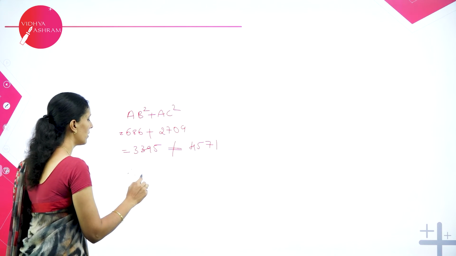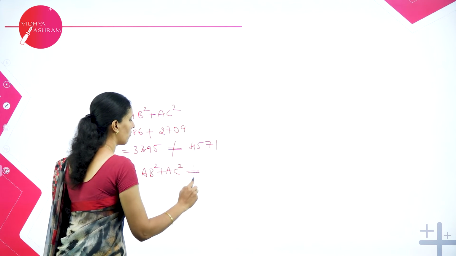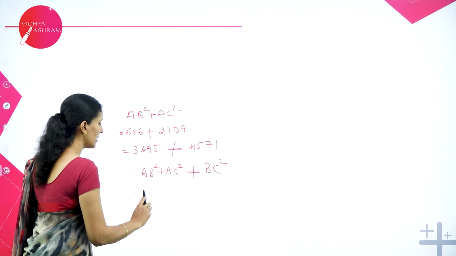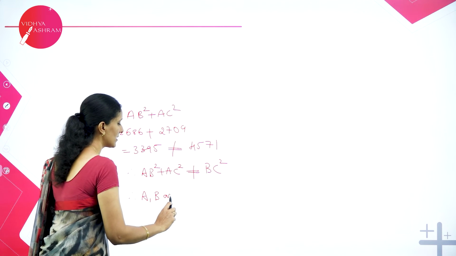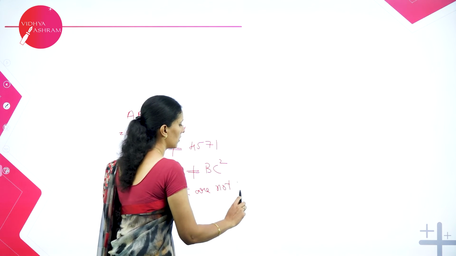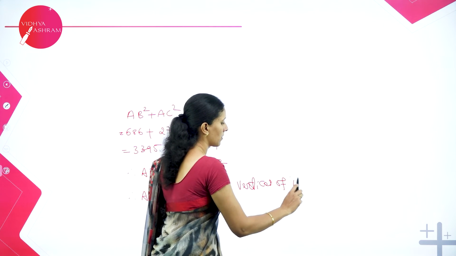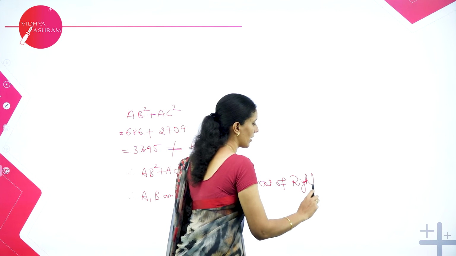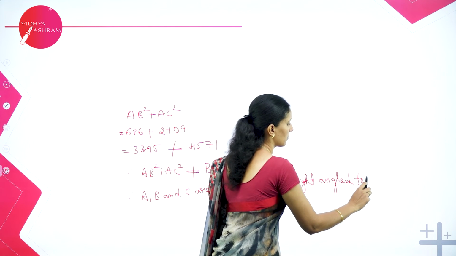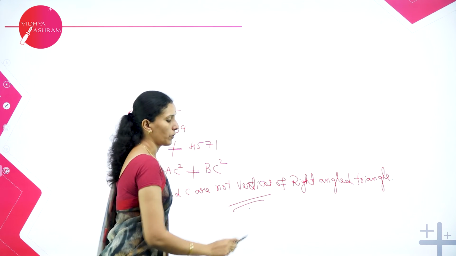So therefore, AB square plus AC square is not equal to BC square. So therefore, A, B and C are not vertices of a right angle triangle. So hence we have proved.